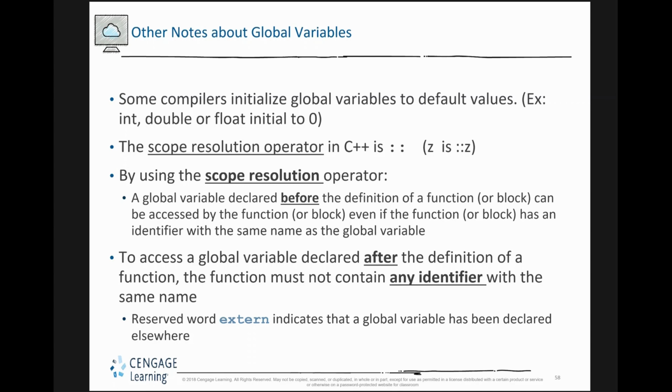For example, by using the scope resolution operator, the function main can refer to the global variable z as ::z. Last, C++ provides a way to access a global variable declared after the definition of a function. However, the function must not contain any identifier with the same name as that global variable.